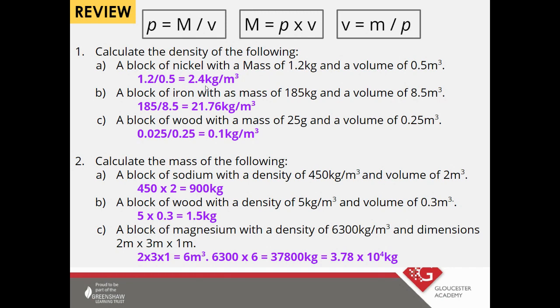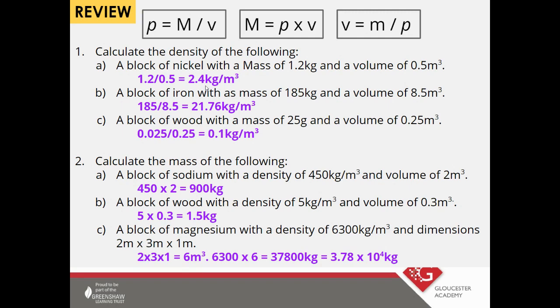That gives me 0.025, and I divide that by 0.25 meters cubed. That gives me 0.1 kilogram per meter cubed. Total out of 6, did you get all 6? If you did, well done. If you did not convert the mass to kilograms, you'll get a method mark, but you will not get an accuracy mark.